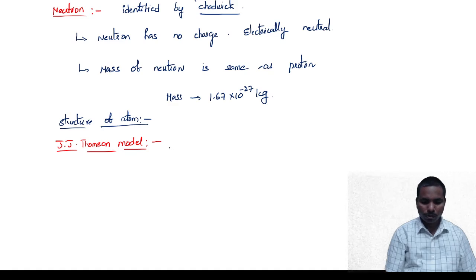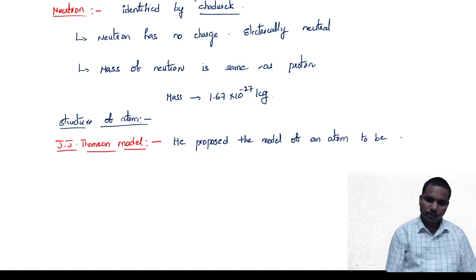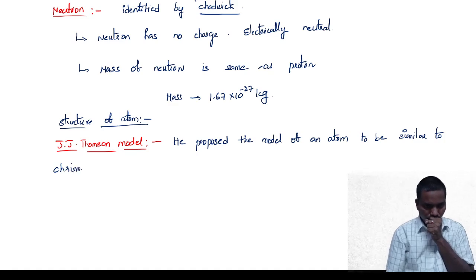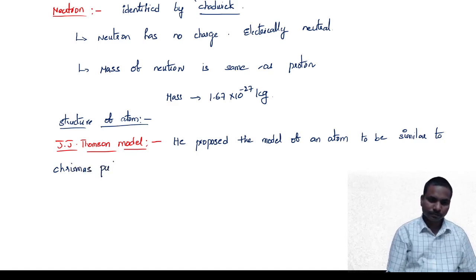He proposed the model of an atom to be similar to Christmas pudding or watermelon.